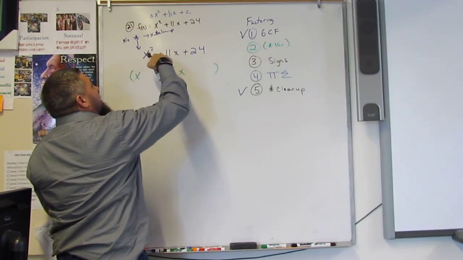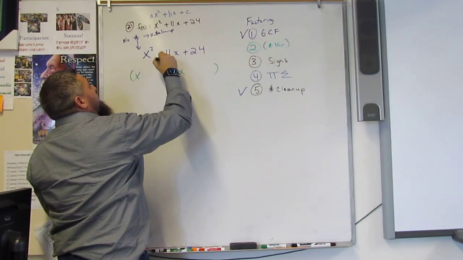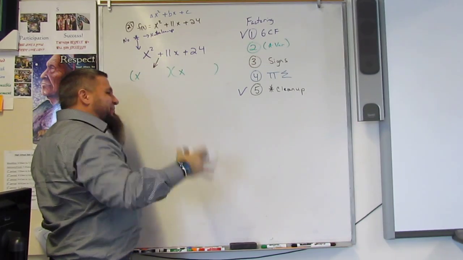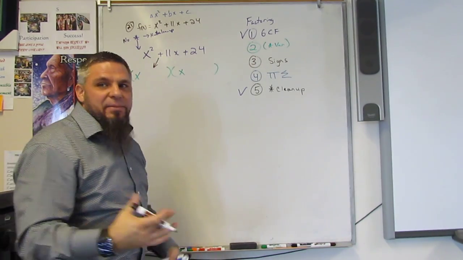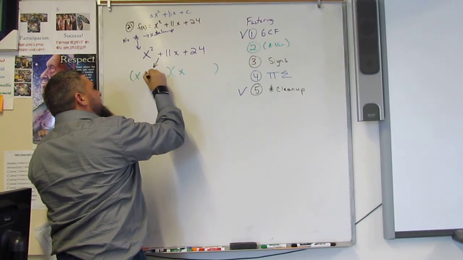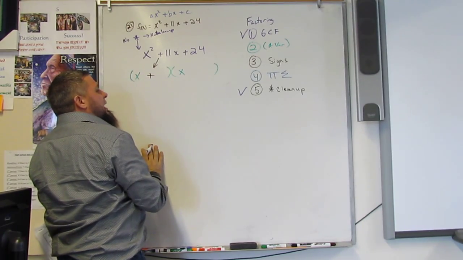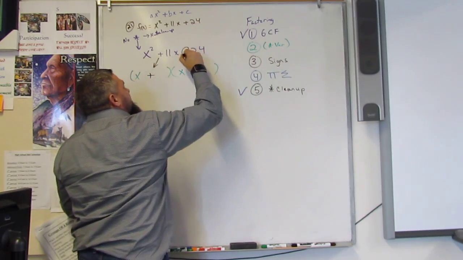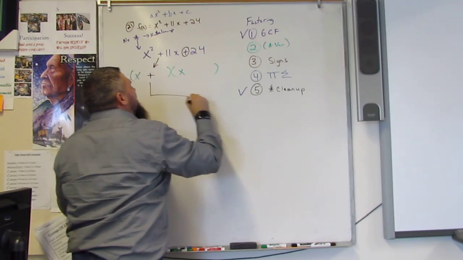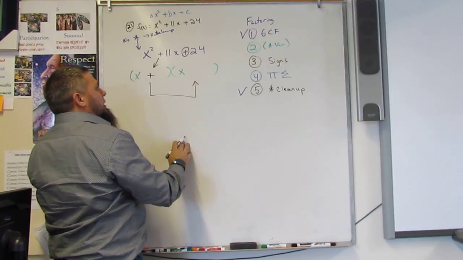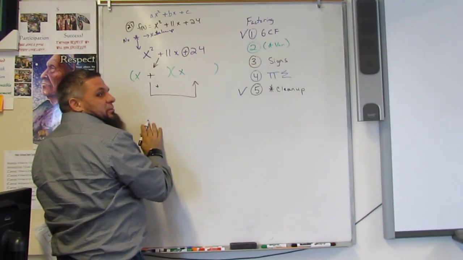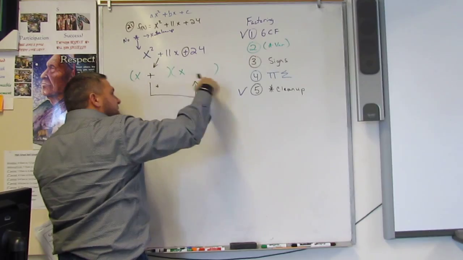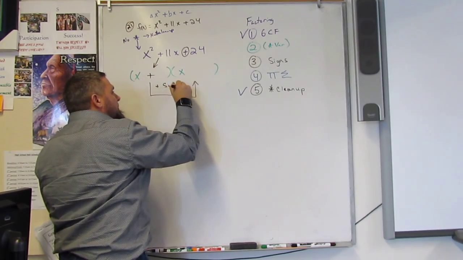All right, we're going to bring this sign down every time. Every time I bring the first sign down. Every single time. Okay? That's part of the signs. Then I look at this one, and it tells me one of 2 things. If this is positive, then these 2 signs, they're the same.